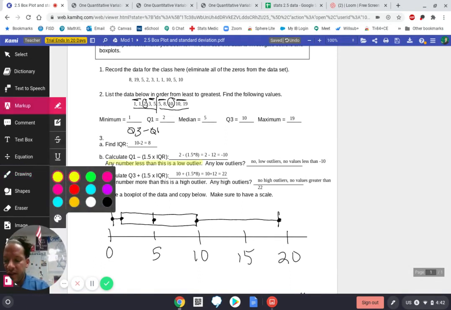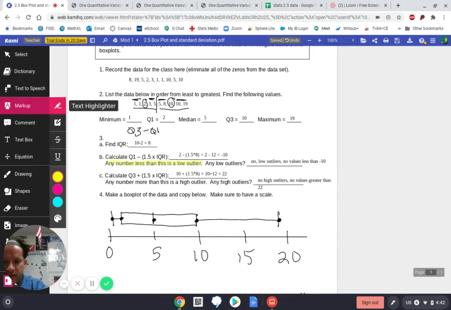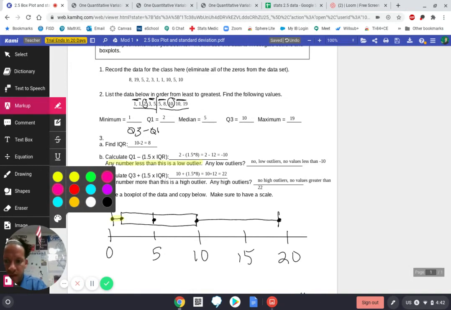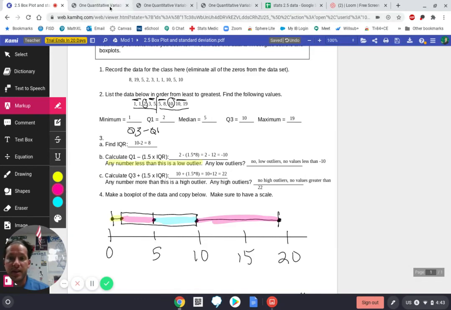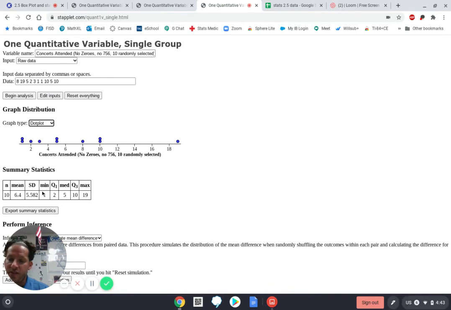I like seeing this because you can visually see that here's 25% of our data between our min and Q1. 25% of our data is between Q1 and the median. 25% of our data is between our median and Q3, and 25% of our data is between Q3 and the max.